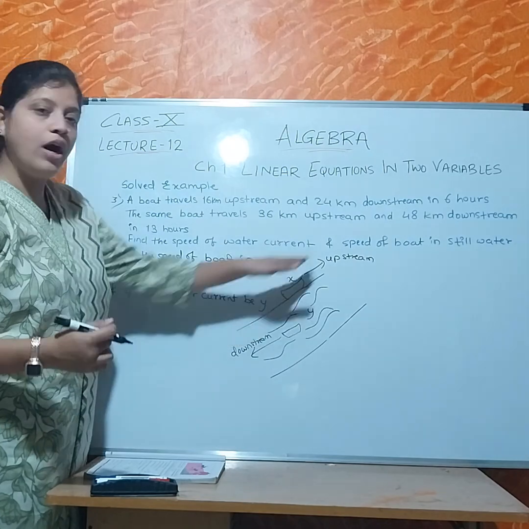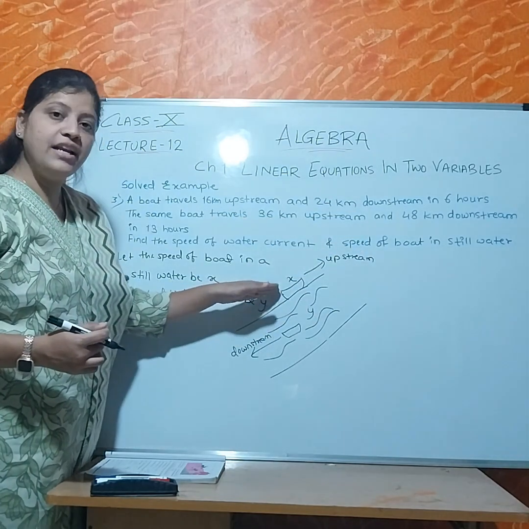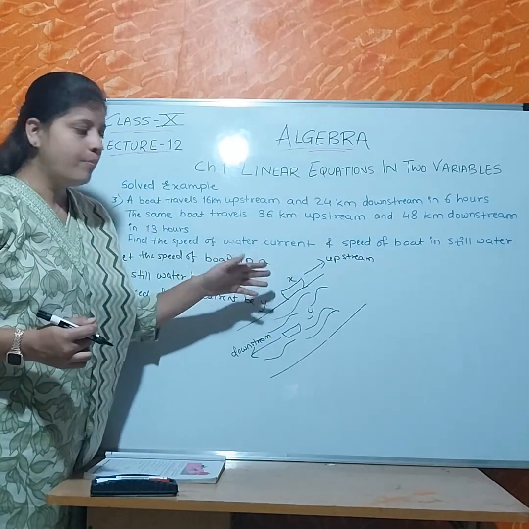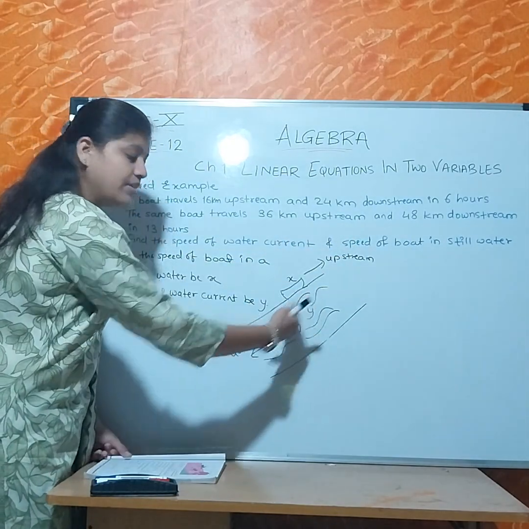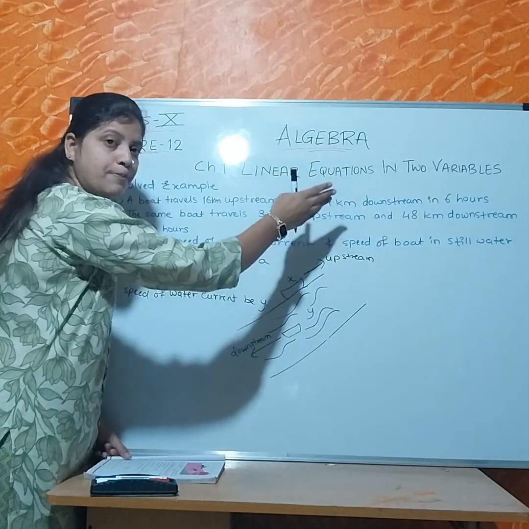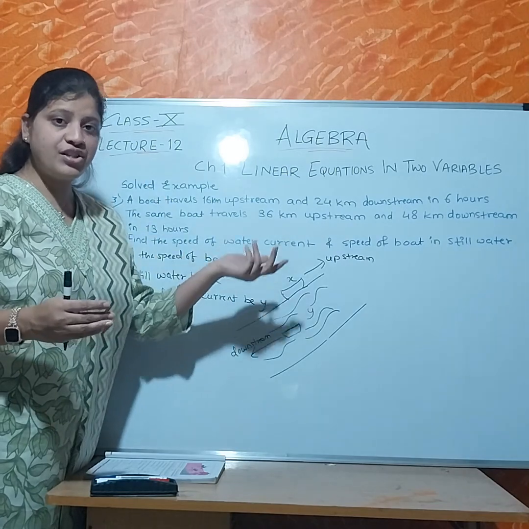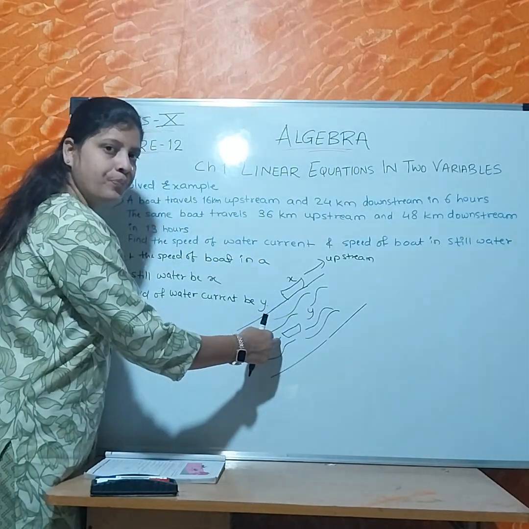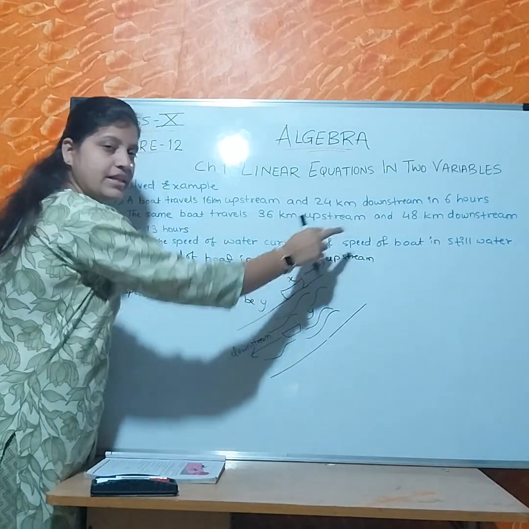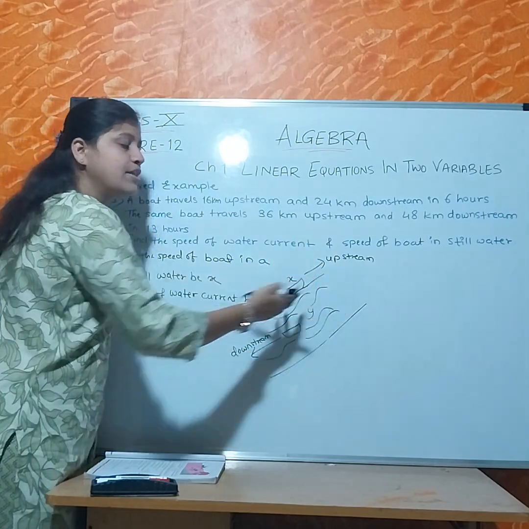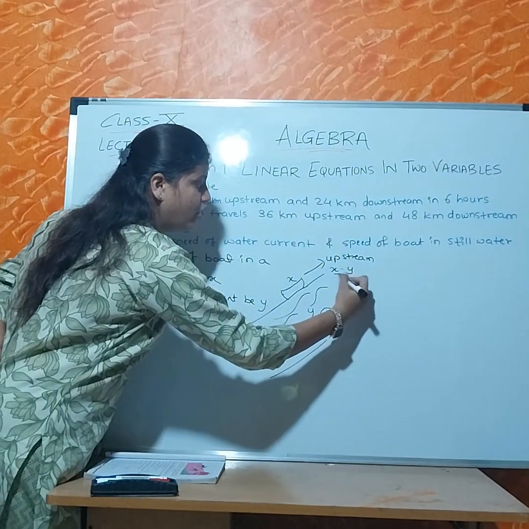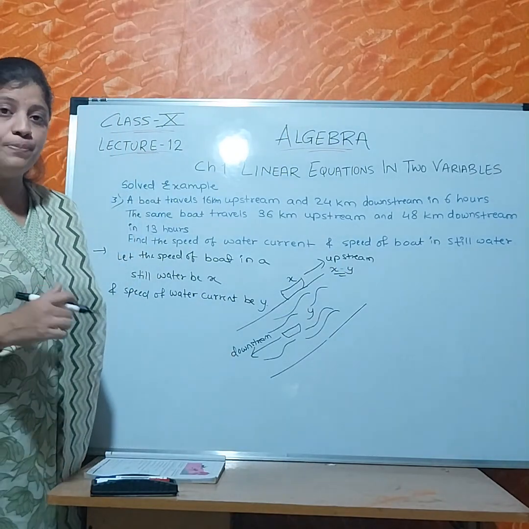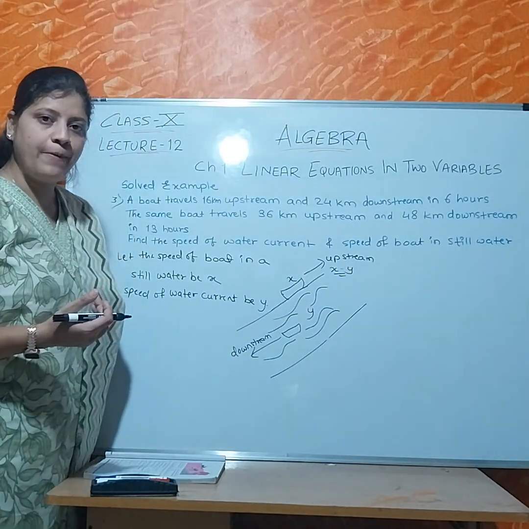When the boat goes upside, it requires force, because it is going against the water flow, right? Water is flowing downside, but the boat is going upside. It requires extra force. Water current is y, but the speed of boat is x, and as it is moving in the opposite direction, the speed of upstream is x minus y.